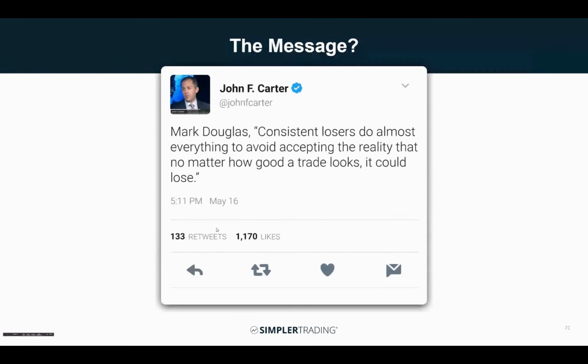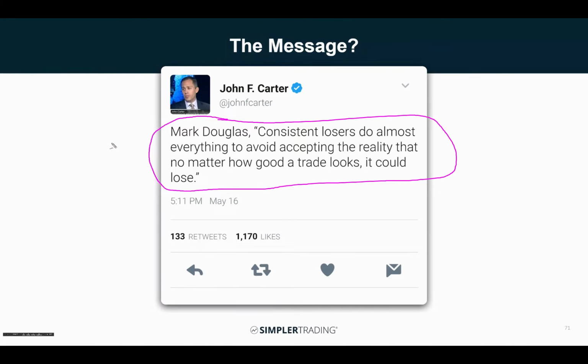One of the things that Mark Douglas said, and I love all of his stuff, is consistent losers do almost everything to avoid accepting the reality that no matter how good a trade looks, it could lose. I love this quote. And if you're really serious about trading, you want to embrace this.